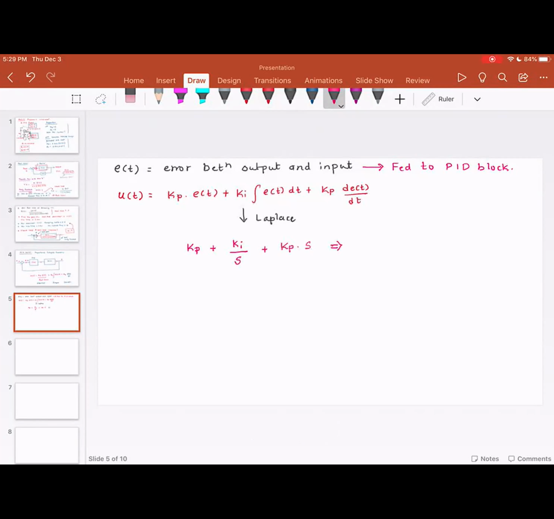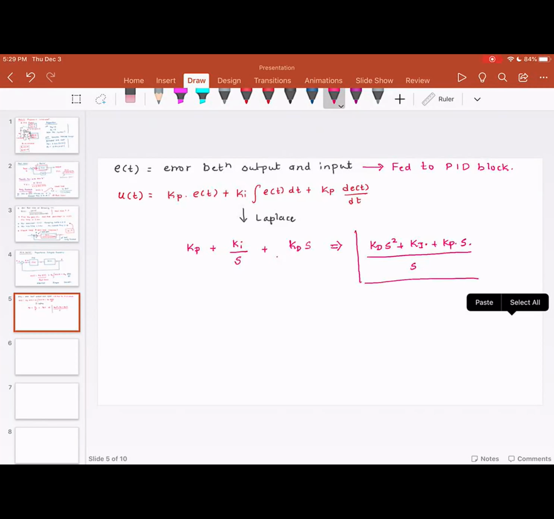So now I have this transfer function of PID, which can be written as (Kd s square plus Kp s plus Ki) divided by s.